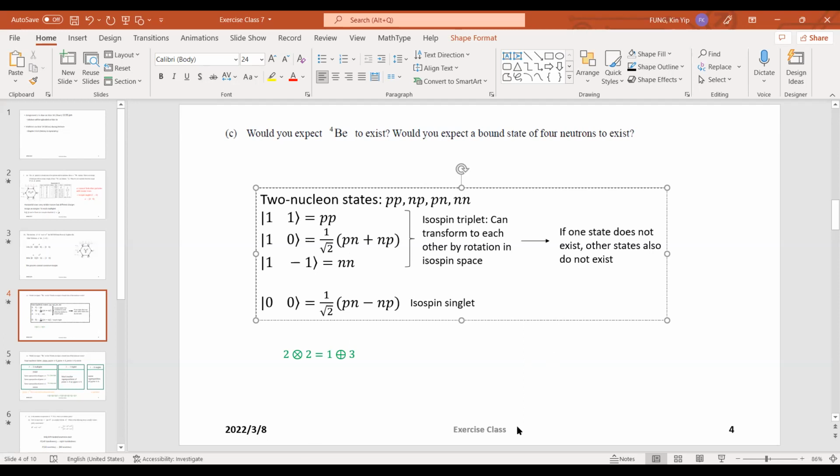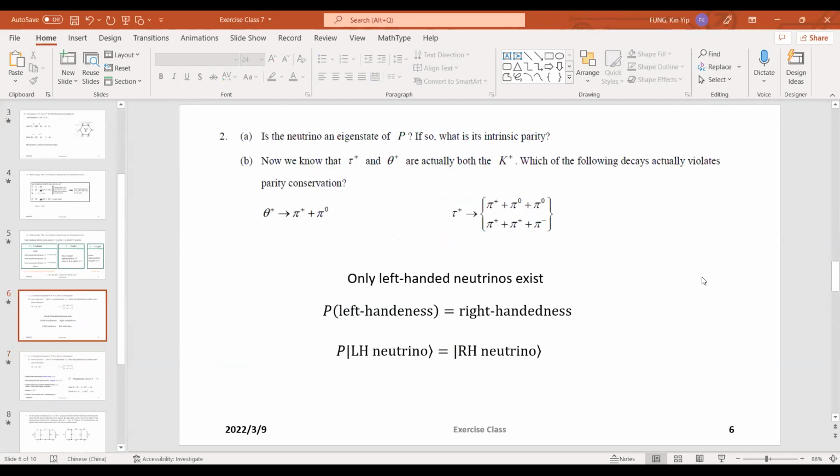Finally, when we talk about how we can only find left-handed neutrinos, how do we actually measure its parity? You have a neutrino there, but how do you measure this parity? In the relativistic limit, handedness or chirality will be similar to the helicity. Has the professor mentioned this?